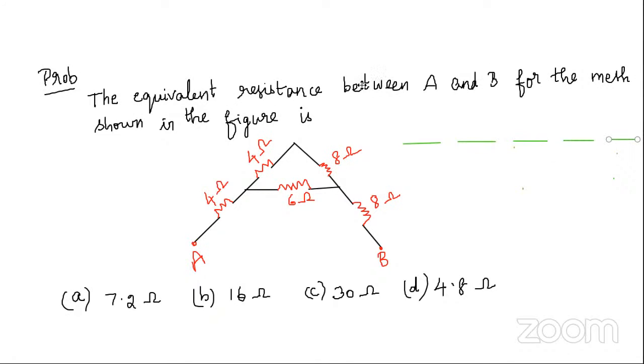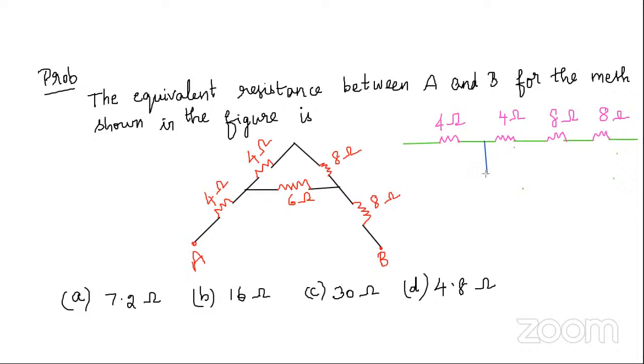So here I am having the resistances, 4 ohm. Okay, so this 4 ohm, and here I have 4 ohm. Here I have an 8 ohm, and here I have an 8 ohm. And for this 4 ohm and 8 ohm, we have the 6 ohm in parallel. Okay, so for that we need to include these resistances.